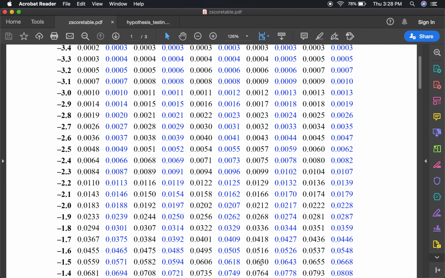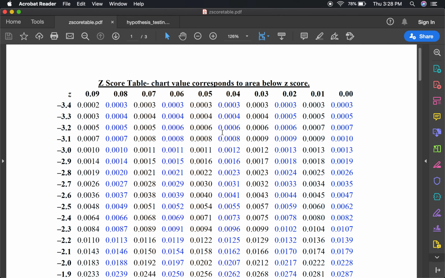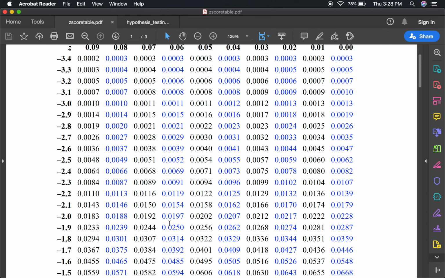If I go to minus 1.96, row minus 1.9, column 0.06, that's this z-score right here. 2.5% of the time I'll get a z-score smaller than minus 1.96. 2.5 plus 2.5 is 5. 95% of the time I don't get a z-score that is smaller than minus 1.96 or greater than 1.96.